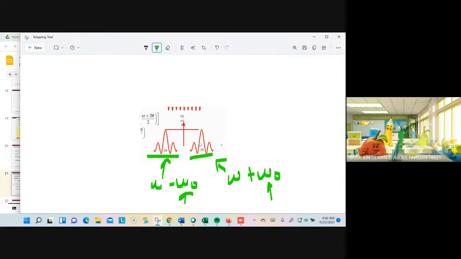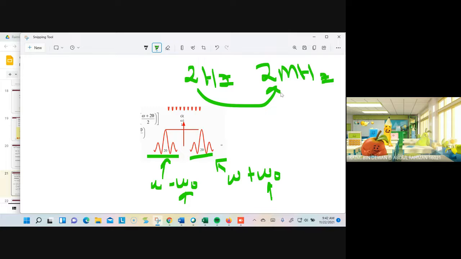When we do modulation, for example, if our signal is 2 hertz, very low frequency, but our carrier wave is 2 megahertz, then the 2 hertz will be negligible, so this one will follow the higher frequency.